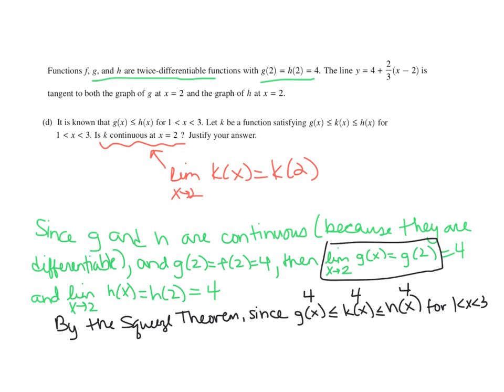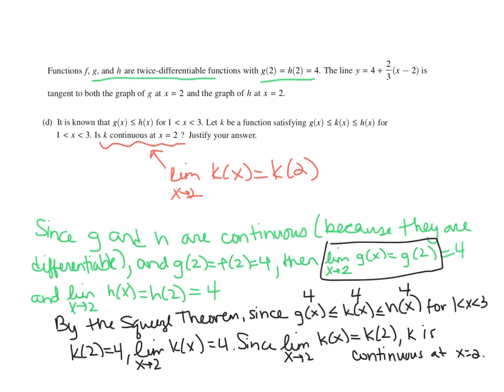So that's going to tell us that k of 2 is going to be equal to 4. Also, we know by the squeeze theorem that the limit of k of x as x approaches 2 is also going to be equal to 4. So because those two are equal, that means that k is continuous.